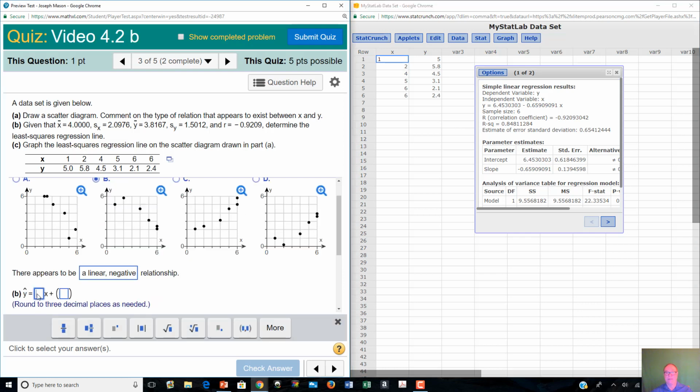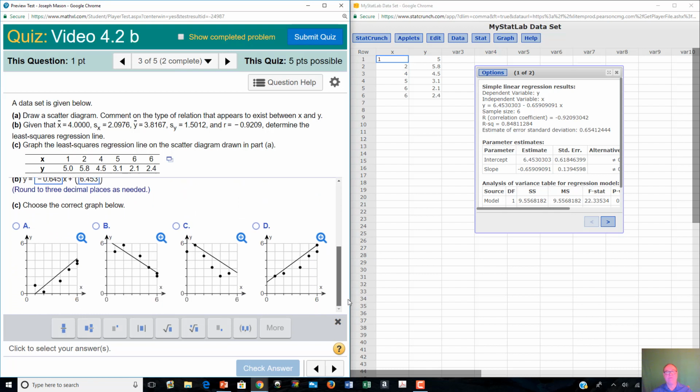This first one is going to be my slope, which is negative 0.645, and they wanted 3 decimal places. And my y-intercept is going to be 6.453. Again, I could have looked here for the slope and here for the y-intercept.